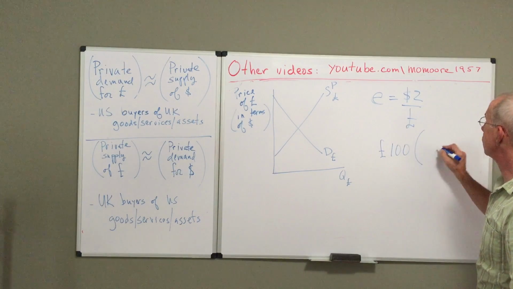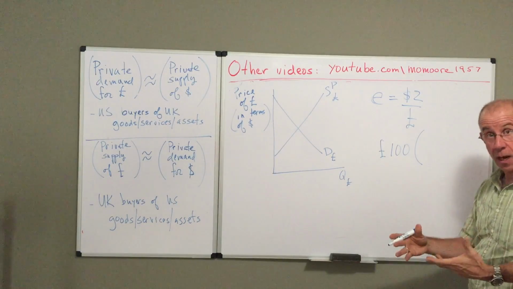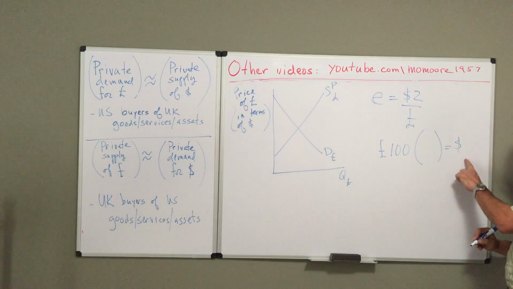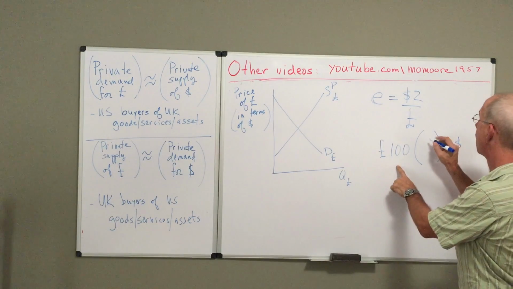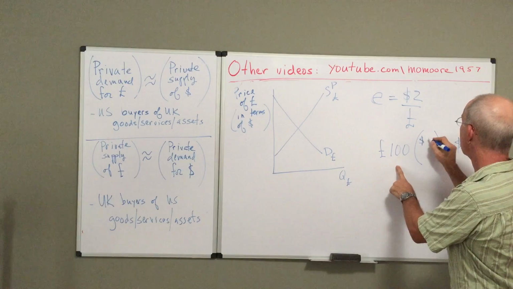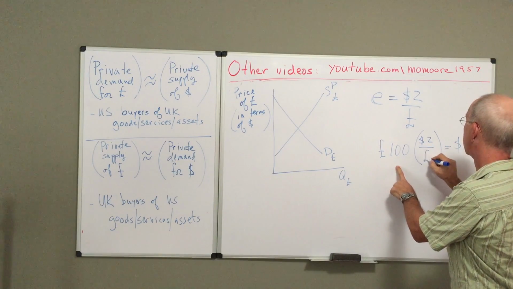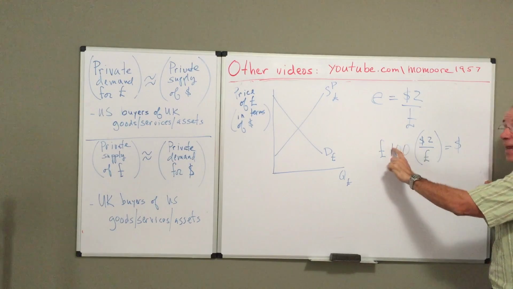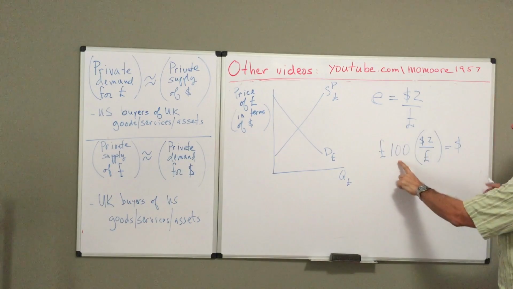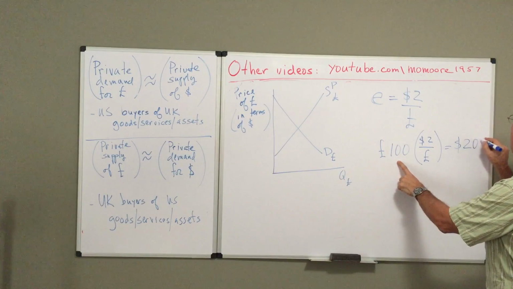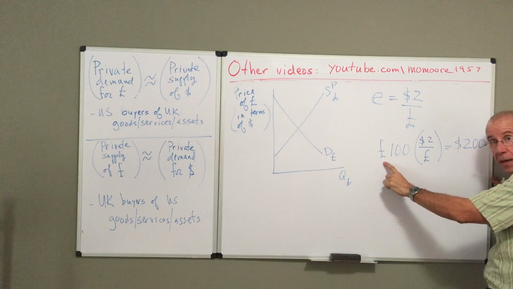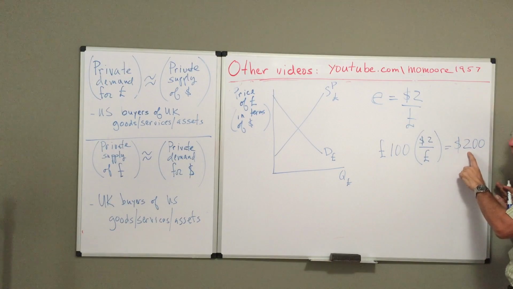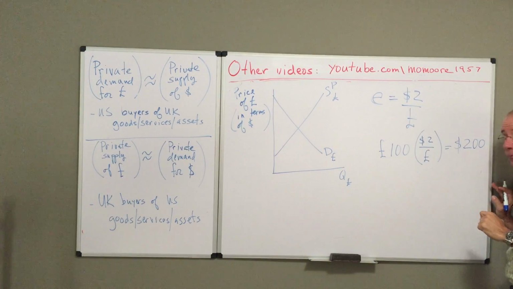So what we do, we take this and we convert it to dollars using the exchange rate. We want to end up with dollars, so I'm going to multiply $2 over pounds. The pounds cancel, these units cancel, and what we're left with is a 100 pound good is the equivalent of $200 at this exchange rate.